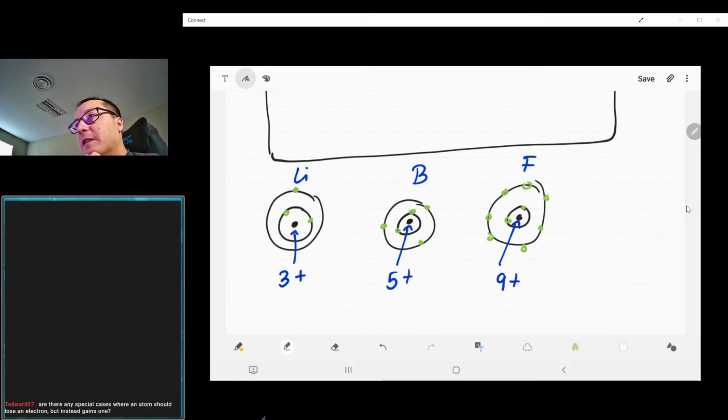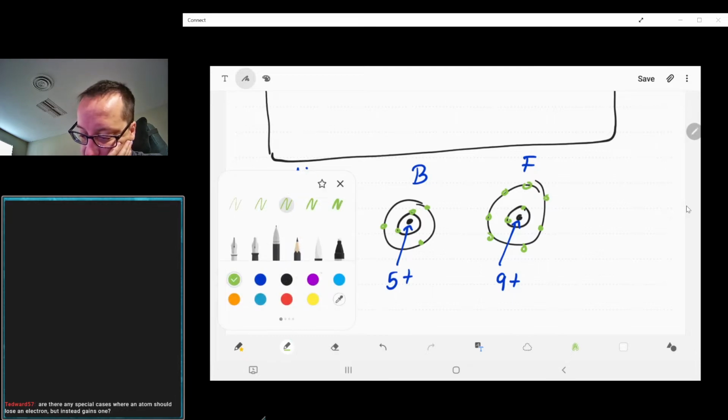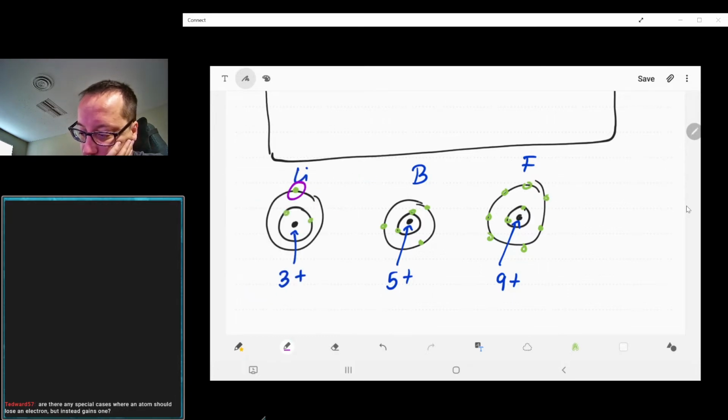If we want to think about these, those electrons in lithium, let's take a look at this electron in lithium, this electron, and this electron. If we think about how attracted it is to the nucleus, which one of these do we think is going to experience the greatest attraction? We can see that fluorine has a much more positive nucleus than the other two, right?